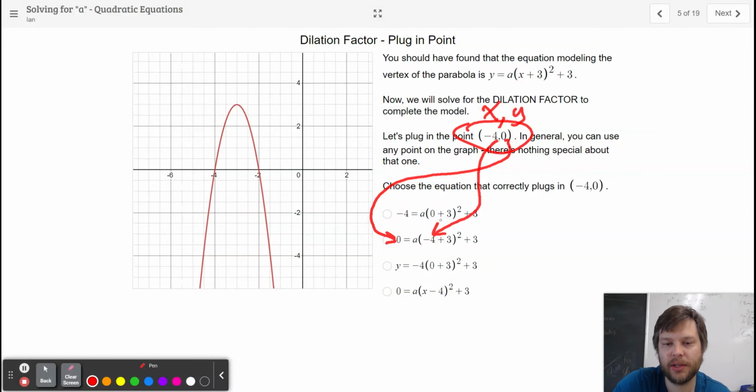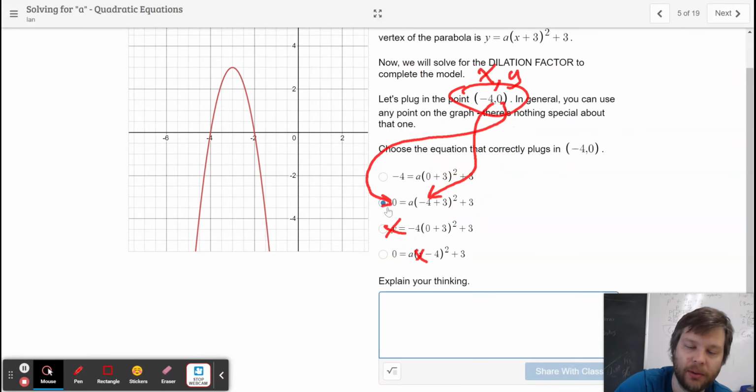None of the other equations do that correctly. The first equation plugs in the negative 4 for y, so it switches x and y. The third equation still has the letter y in it, that's no good. And the fourth equation still has the letter x in it, that's no good. So equation number 2 is the only one that correctly works here.